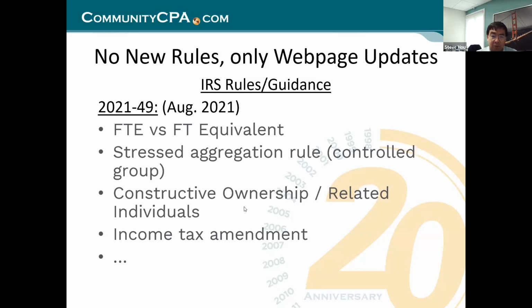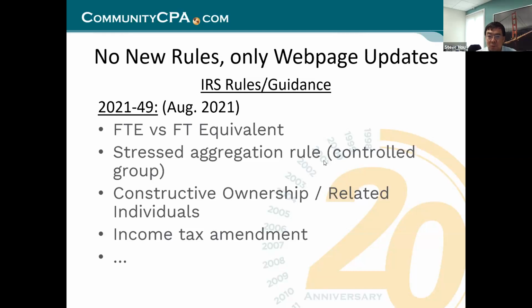There's a fixed set of relatives. But anyway, the wages of the related individuals need to be excluded in your ERC calculations. Okay, so that's a rule that's stressed by the IRS in this 2021-49 publication.